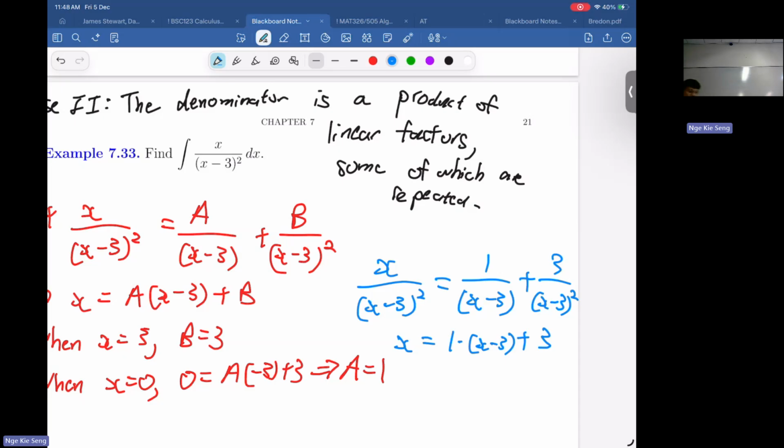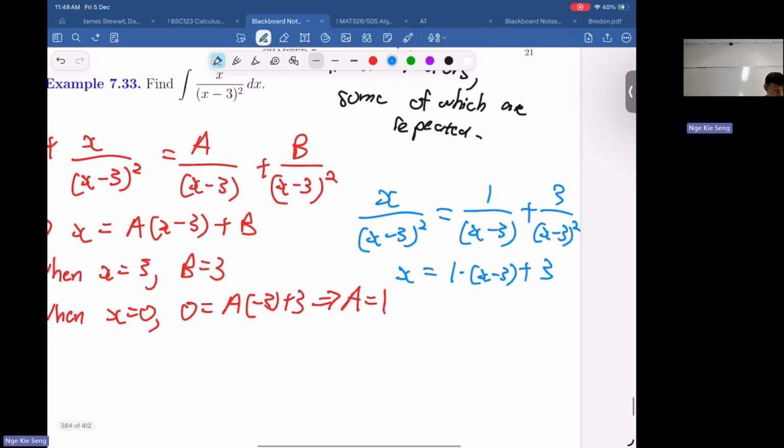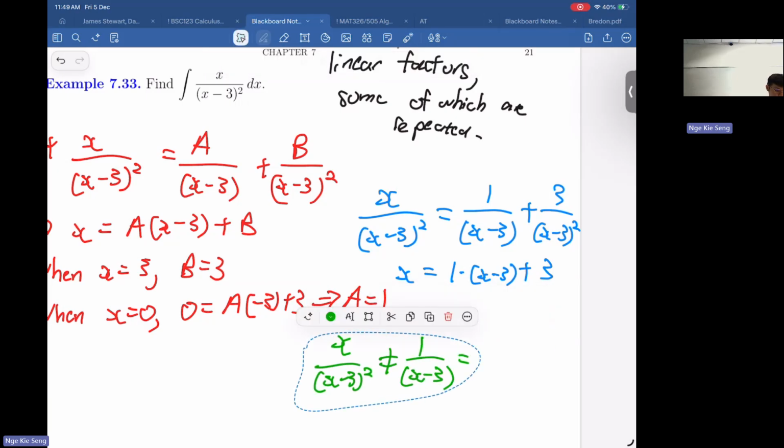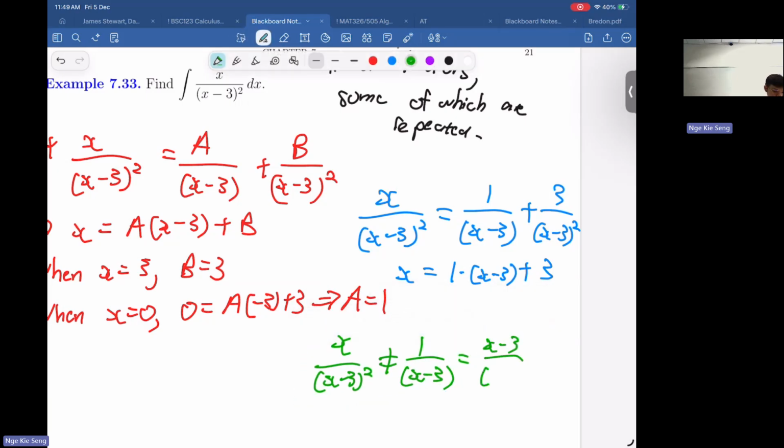You need to realize that these two things are not equal. x over x minus 3 squared is not equal to 1 over x minus 3. These two are not equal, because on the right hand side, it is x minus 3 over x minus 3 squared. So obviously x and x minus 3 are different.